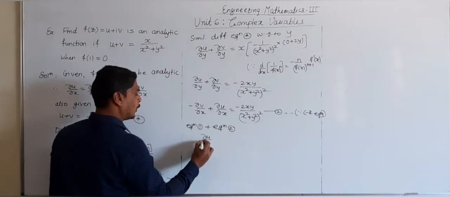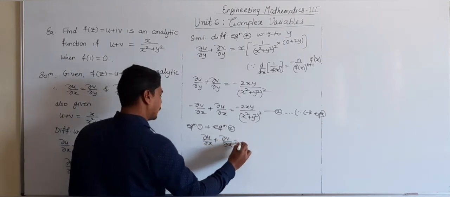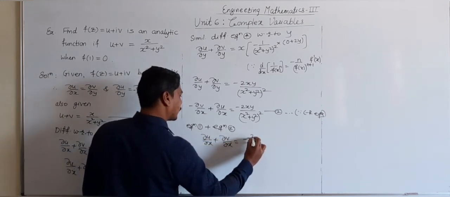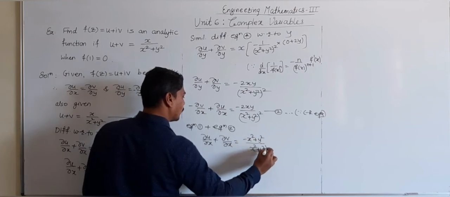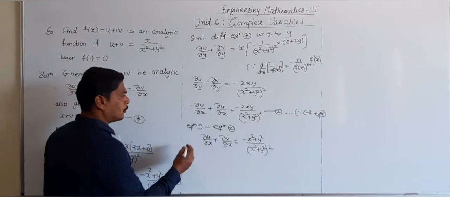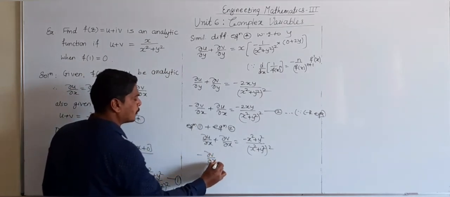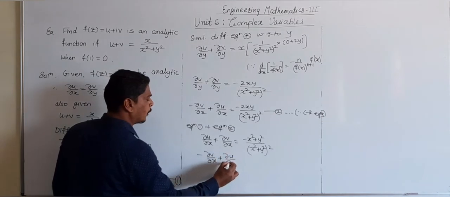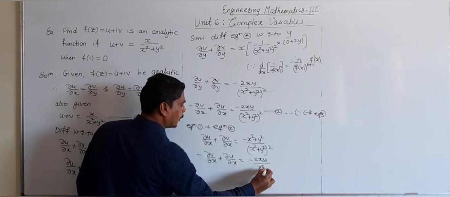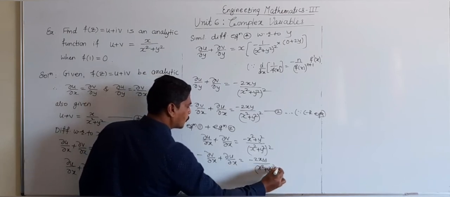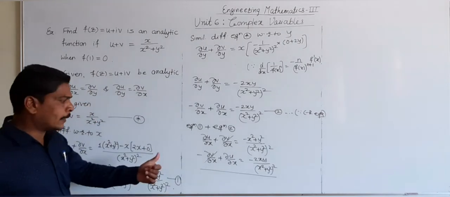So we get ∂u/∂x + ∂v/∂x equal to −(x² − y²)/(x² + y²)², and add equation 2, which is −∂v/∂x + ∂u/∂x equal to −2xy/(x² + y²)². So on addition, the same term with opposite sign gets cancelled.